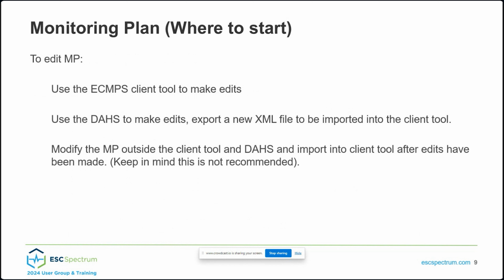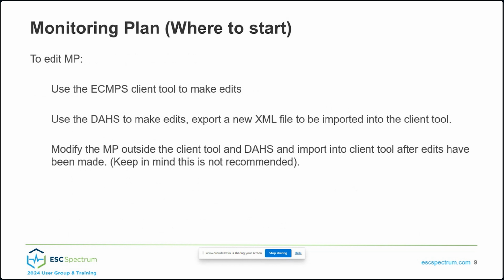The one thing, there is another option: modify the monitoring plan outside the client tool and DAS. I'm assuming this is an older method of using something like an Excel sheet. I do not recommend this, because one of the reasons we like using the ECMPS client tool and the DAS to make these edits is that there is a check, and it allows us to confirm that the changes are appropriate with respect to what the EPA guidelines specify.